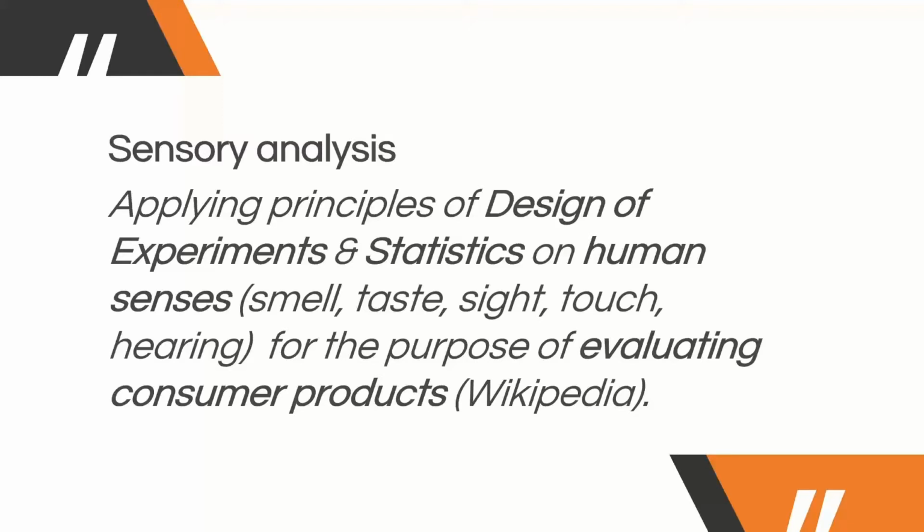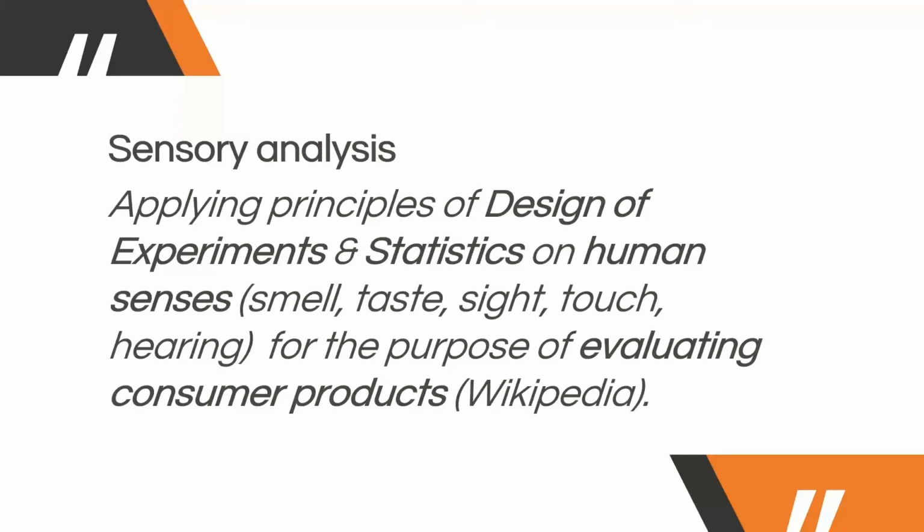Of course, sensory analysis is widely used in the food industry, for instance, to optimize the taste of food. It's also used in cosmetics to optimize the smell or the touch of different cosmetics products. But it's also used in many other consumer goods.